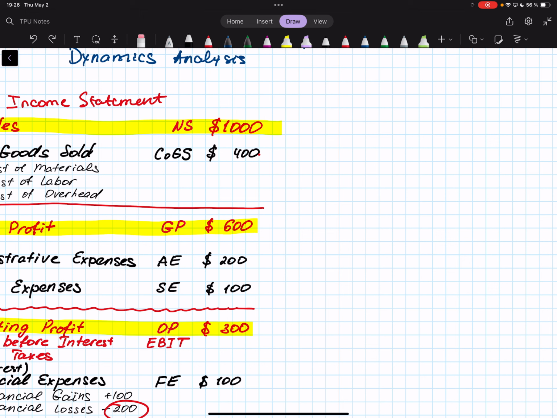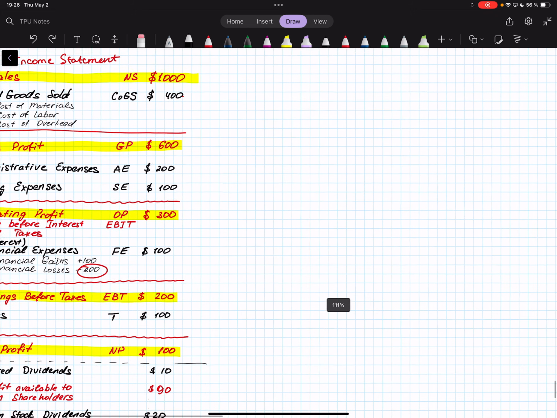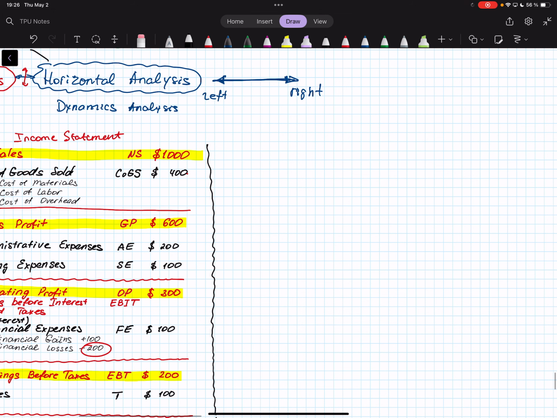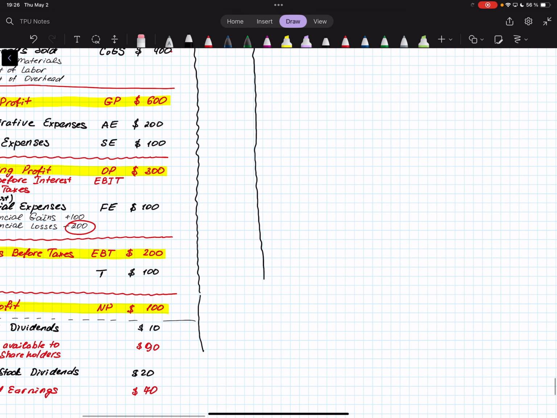Which means that we will make it our base. Well, let me do it this way. I'll draw some lines here. Okay, another line. I will need this for the analysis.